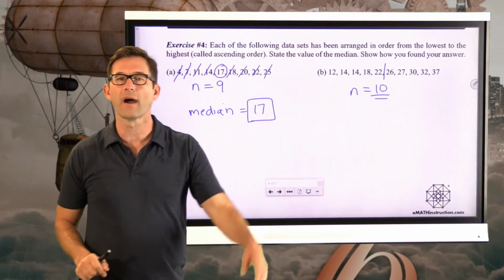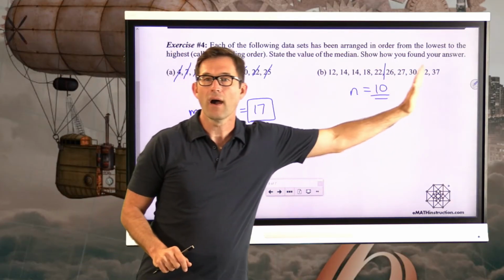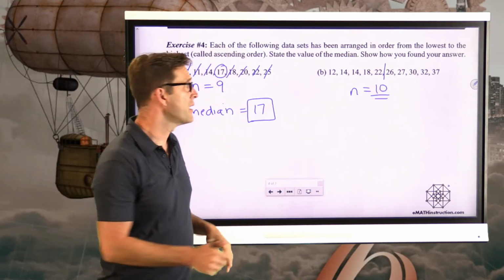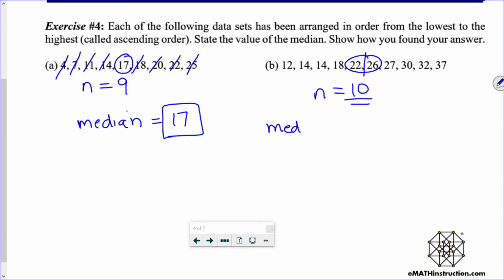That vertical line divides the data set into the lower 5 and the upper 5. Now my median is going to be the average of those two middle numbers, which is 48 divided by 2, which is 24.